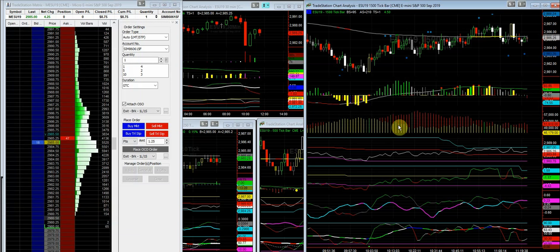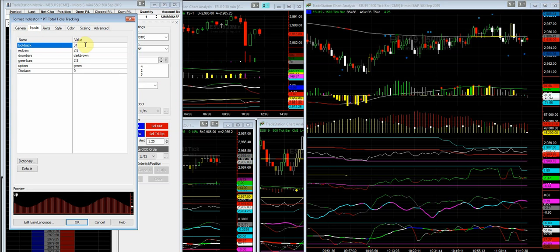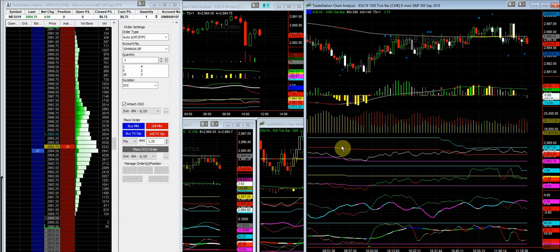This is how it looks if you were looking at 31 bars. Now, let's change that to 13 bars. So now this is how the total ticks look if you're looking at it from 13 bars.